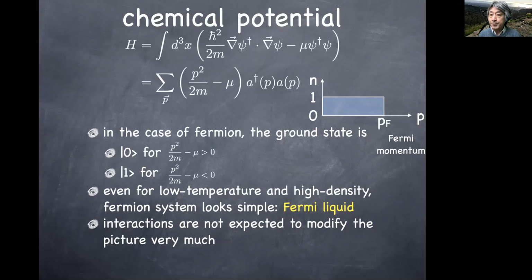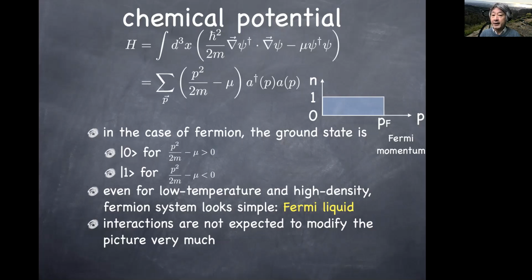So if you don't put any perturbation, if you don't put any interactions among particles, you talk about a Fermi gas, because it's just a system of identical fermions with no interactions among them. But even if you do put interactions among particles, this state is pretty robust. It doesn't change much as long as the perturbation of the system is smaller compared to the Fermi energy, PF squared over 2m.